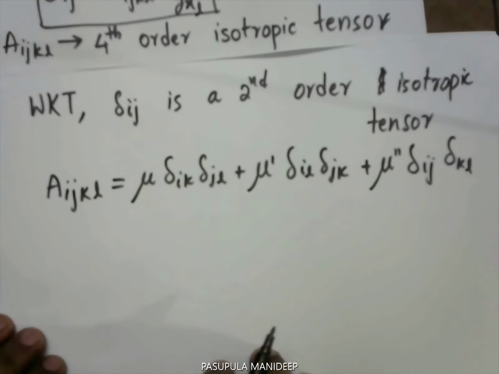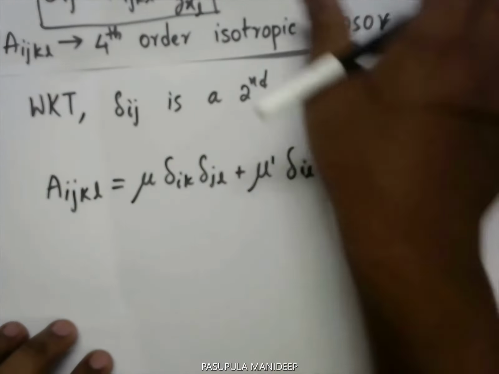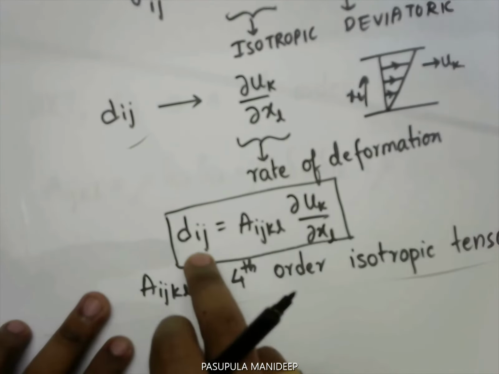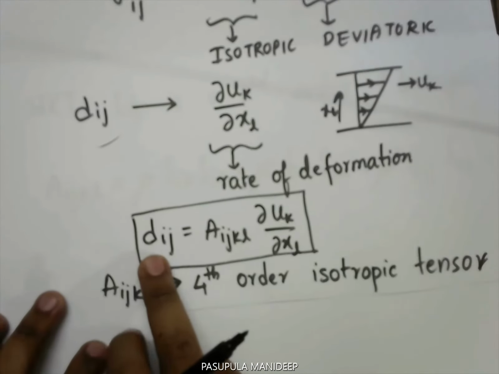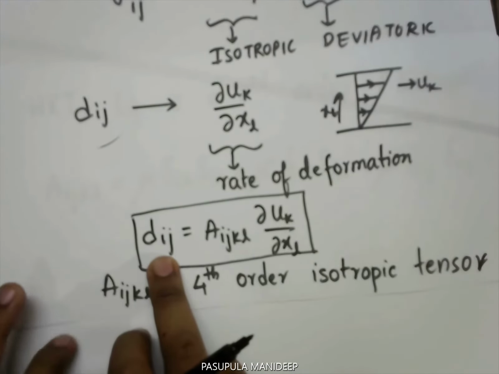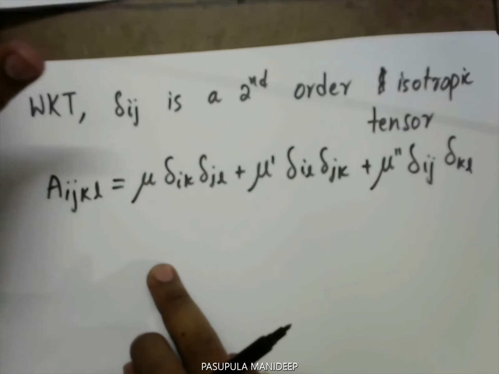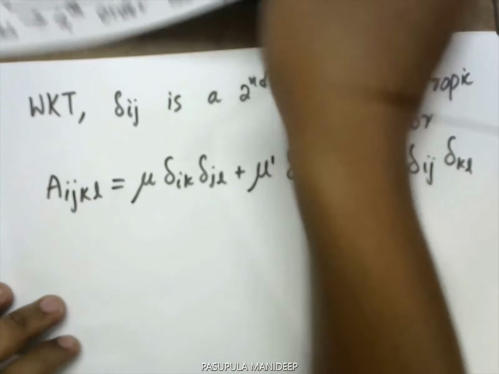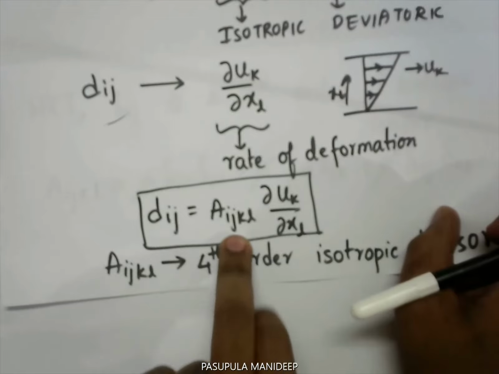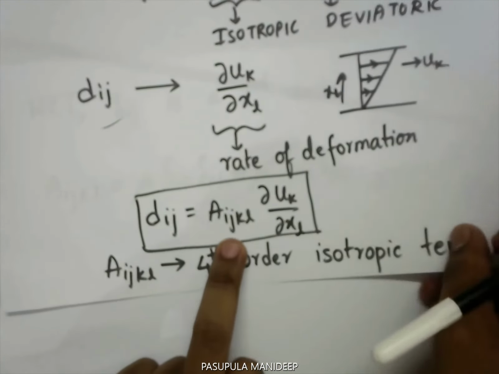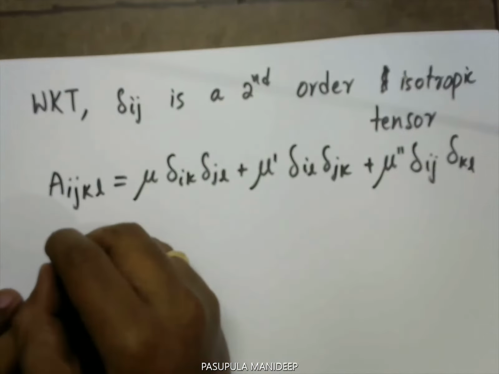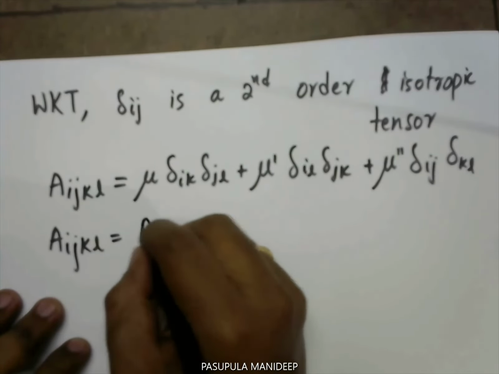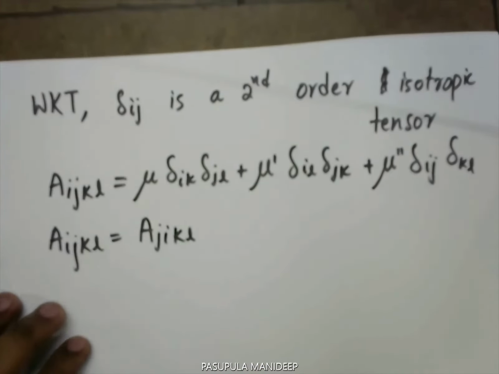Here we know that d_ij is symmetric in i and j, right? The deviatoric component is symmetric. So as we are equating d_ij and A_ijkl, A_ijkl should also be symmetric in i and j.